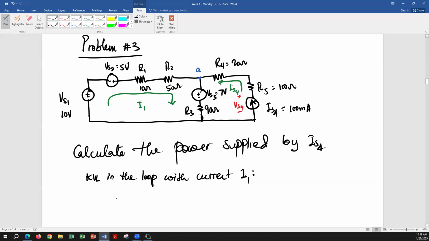Who's going to tell me? VS1 plus VS2, no, not plus I1 R1. Minus VS3, okay, keep going, equal, all right, nope, plus, same direction. That's the KVL equation.